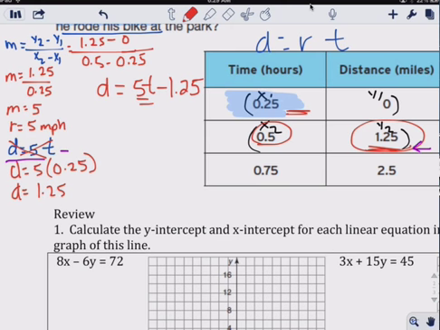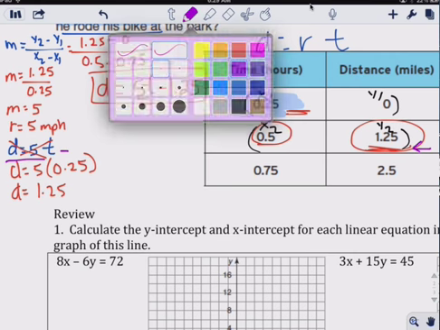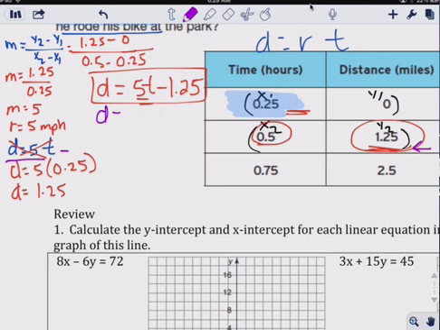Okay? That is the actual formula. And you can check it by going d equals 5 times 0.5. Then you subtract 1.25. This we said was 2.5 minus 1.25.